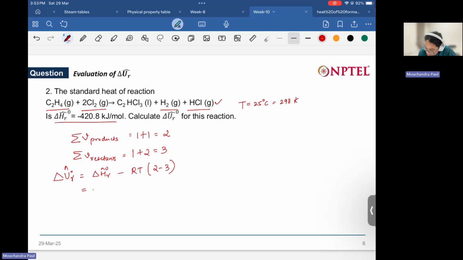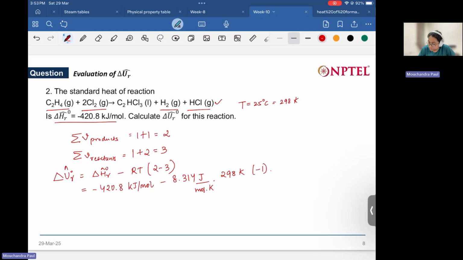So this will become something like this: 8.314 joule per mole Kelvin, 298 Kelvin.